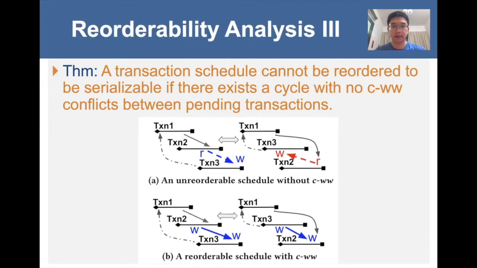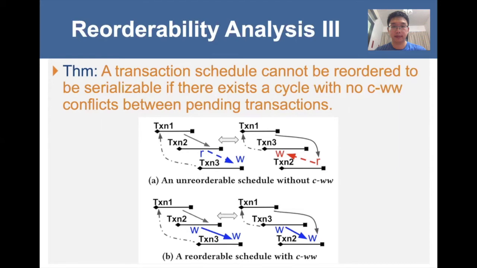We omit the proof here, but we lay out one example, respectively, for one unreorderable and one reorderable schedule here. Note that in the above unreorderable scenario, the conflict order still preserves by switching transactions with a C rewrite or anti-rewrite conflict.